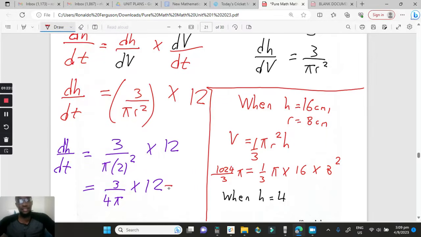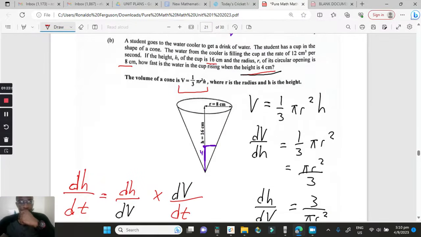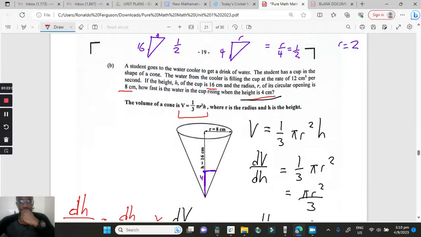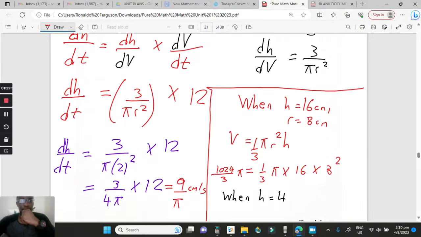So our answer is 9 over pi centimeters per second. Alright, that's it. That's the rate at which the water is rising.